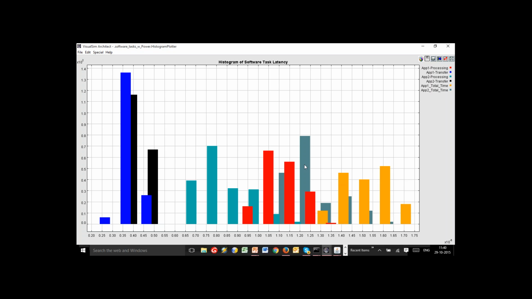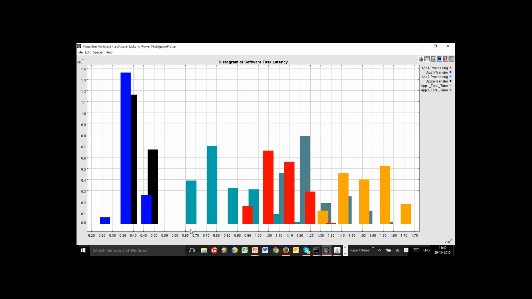Now, the second use case, you can see that it has a much longer tail for the actual latency. It extends from about 1.1 microseconds to about 1.65 microseconds, almost a 50% difference. The reason, you can see, is that the processing latency over time is quite a significant duration, 0.65 to about 1.2, over 50%.